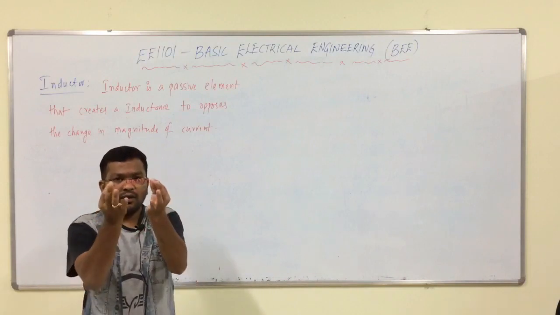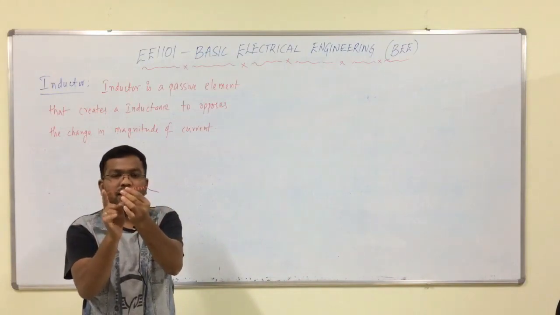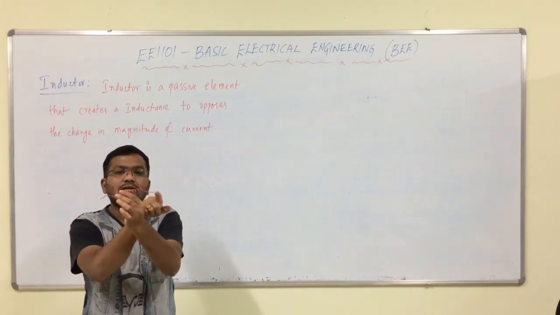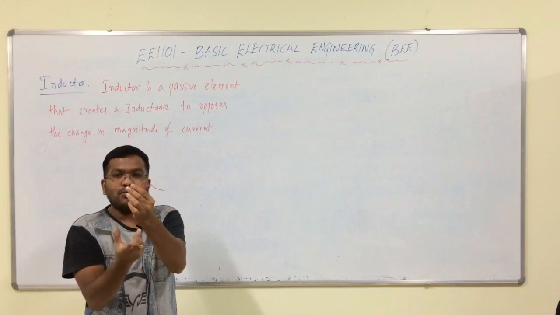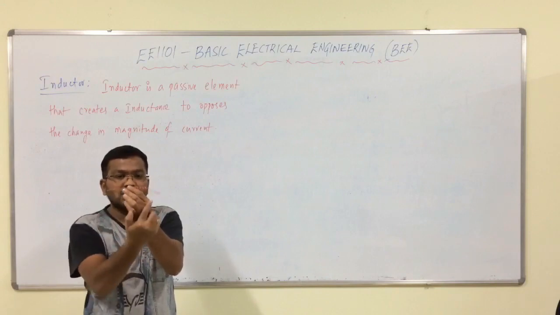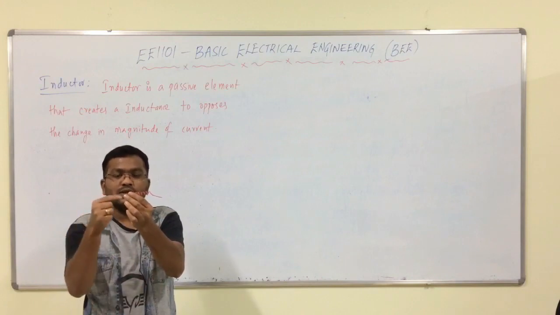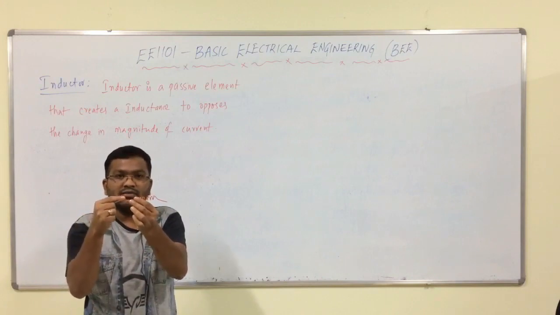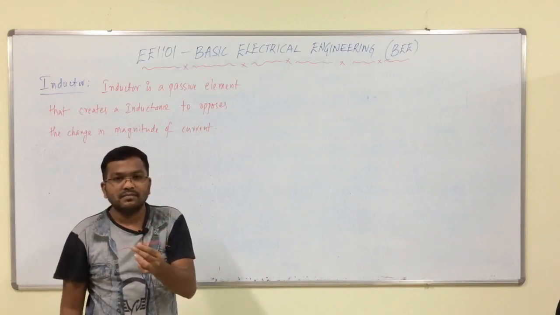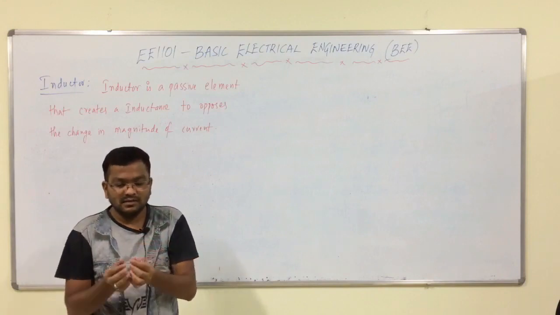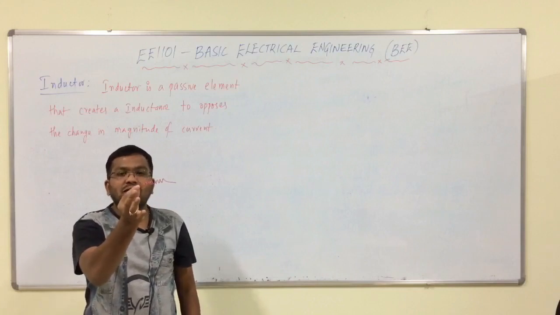This is one terminal, this is another terminal. When we apply a potential difference across these two terminals, there is a current through this inductor, and obviously a steady magnetic field is created. That is it, a simple inductor in our hand.